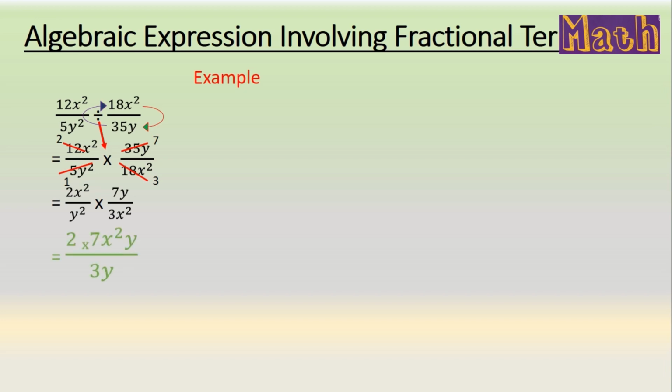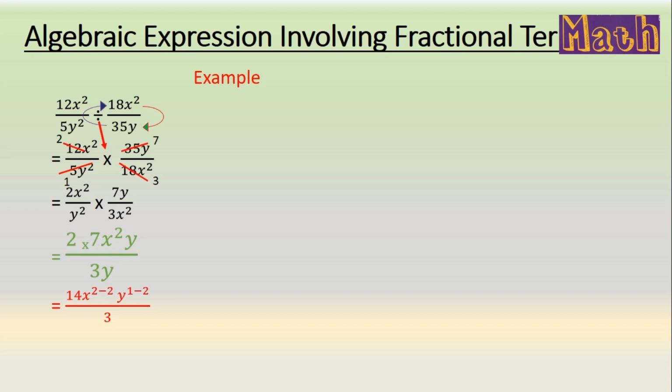Then I will now group like terms. So 2 multiplies 7 and x squared will multiply y. Then 3 will multiply y squared. Then I will now apply the rules of index. Now, I have x to the power 2 over x to the power 2. I'll subtract their exponents since they have the same base. So 2 times 7 will give me 14.